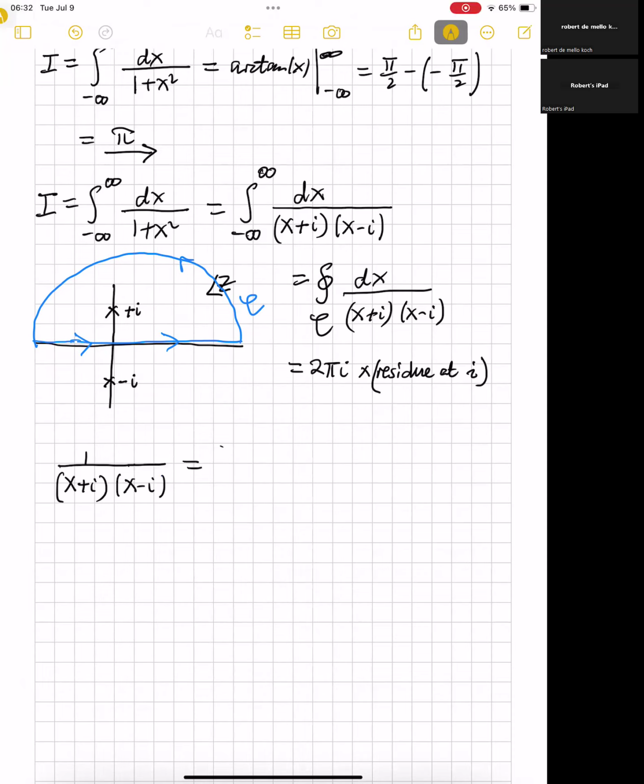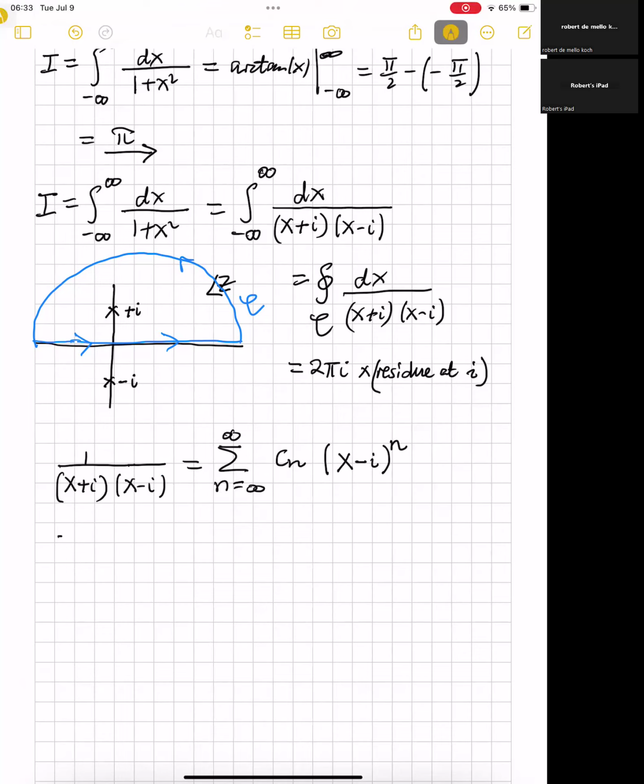So we want some sort of an expansion like this: the sum from n equals minus infinity to infinity of c_n times (x minus i) to the n. And you can see that when we set x equal to i, all of the negative terms are going to produce singularities. Okay, so let's now try to get hold of this Laurent expansion.